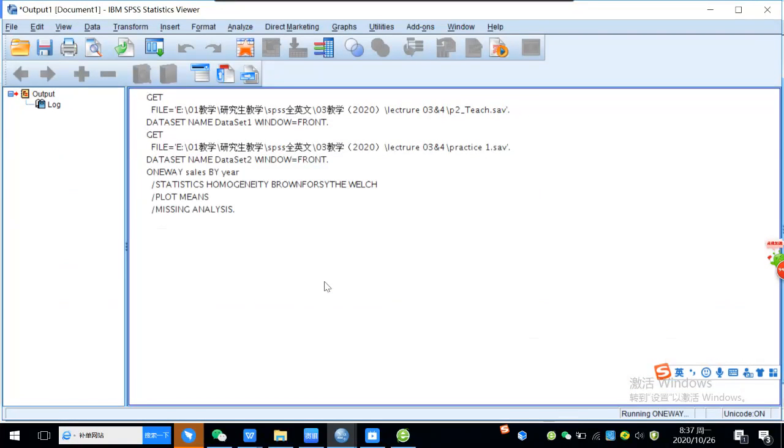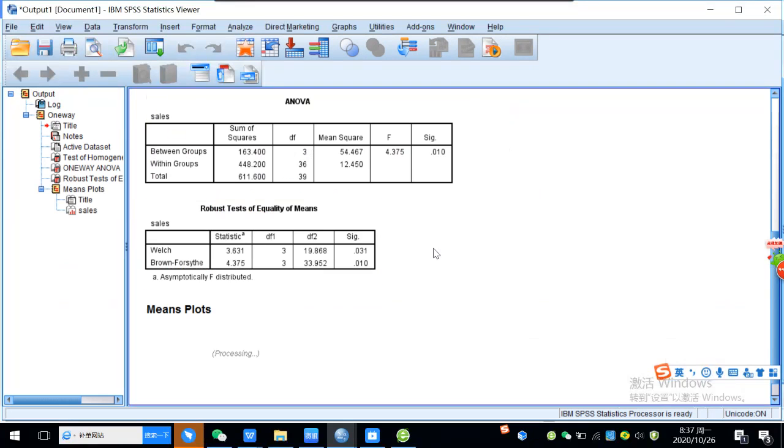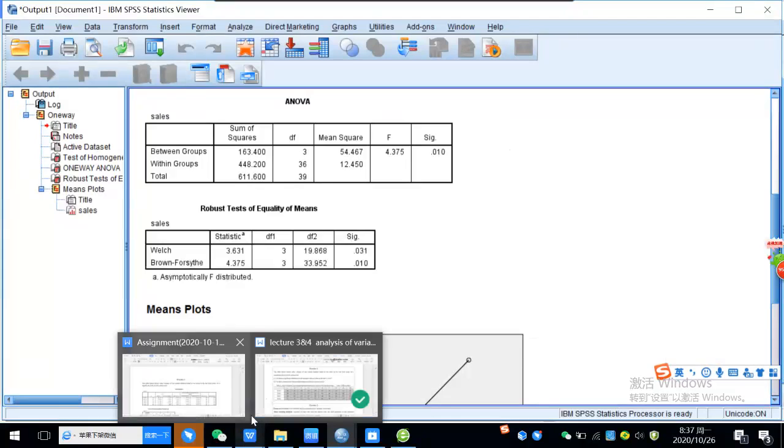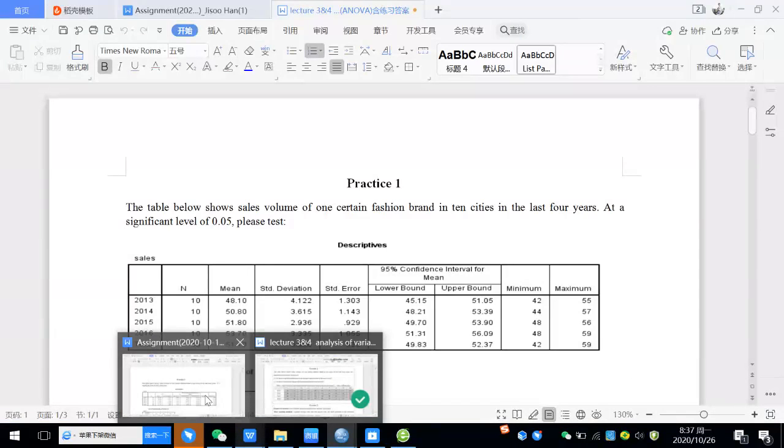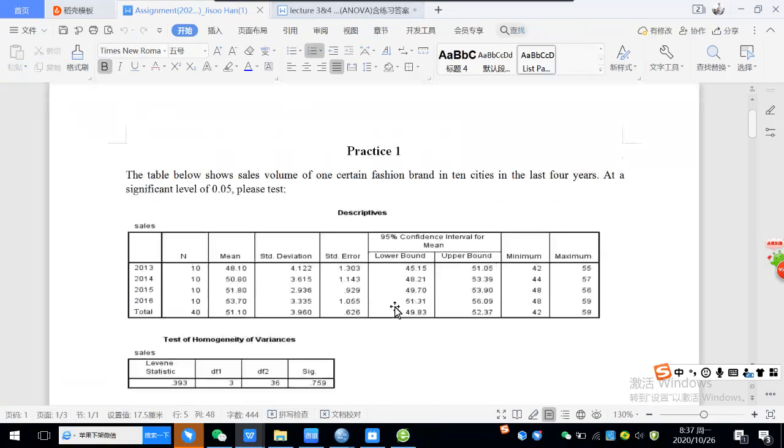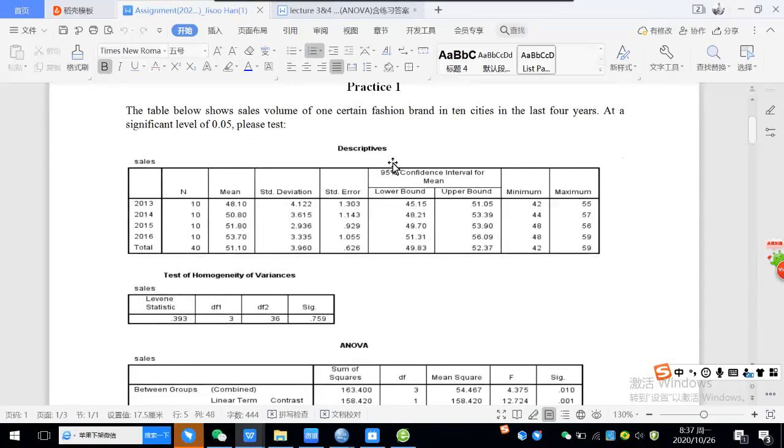Okay. Here is the method of the operation. Okay, and let's look at Jinser's assignment.